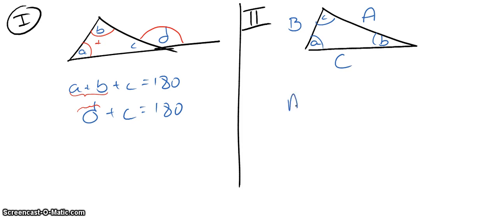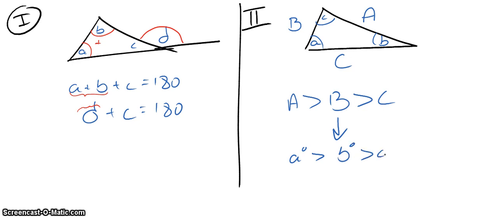I know that if side A is bigger than side B, which is bigger than side C, you can tell that angle A is bigger than angle B, which is bigger than angle C, and vice versa. It goes in both ways. So opposite to the big side, you will always find the big angle. That's a given. You have to know this. That was rule number two.